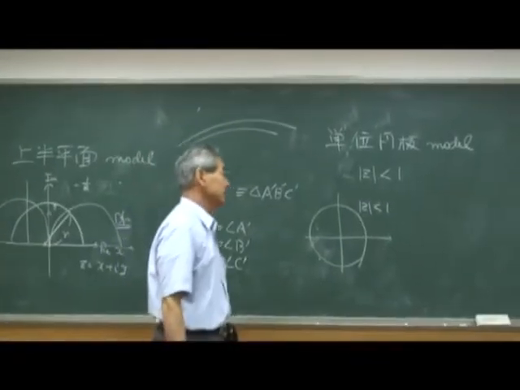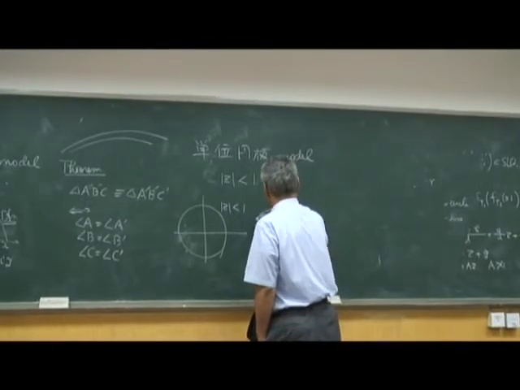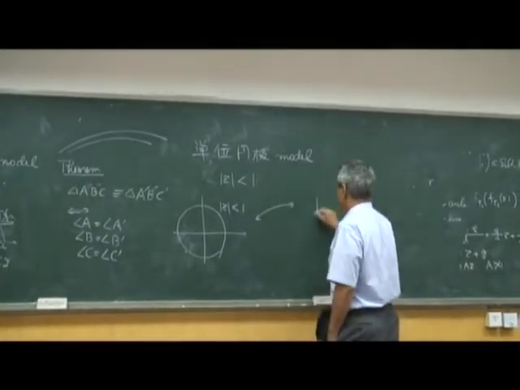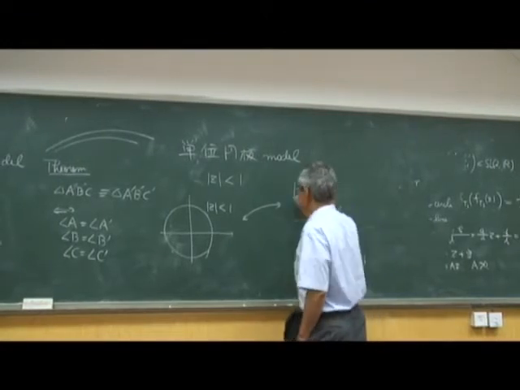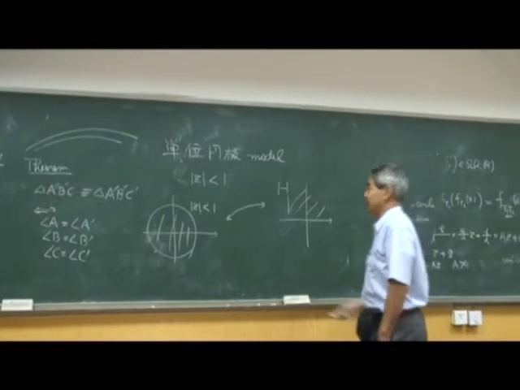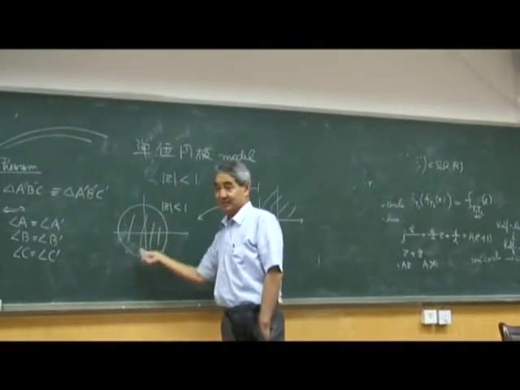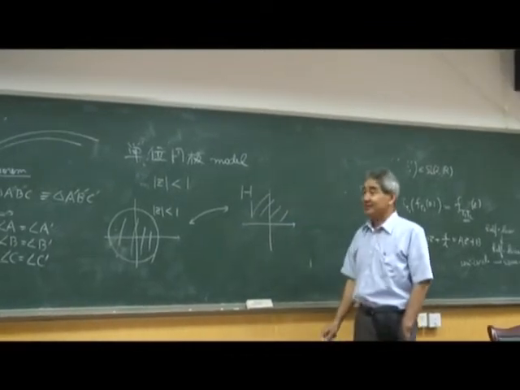Now, the point is, this is actually conformally equivalent to the upper half plane, H. This inside goes to the upper half plane, and this part goes to this axis.